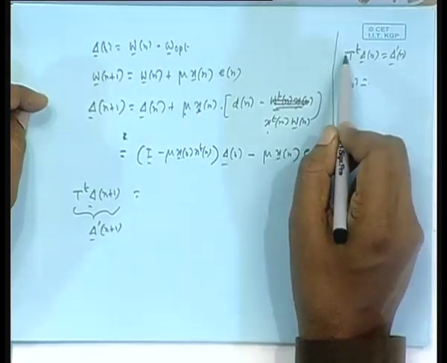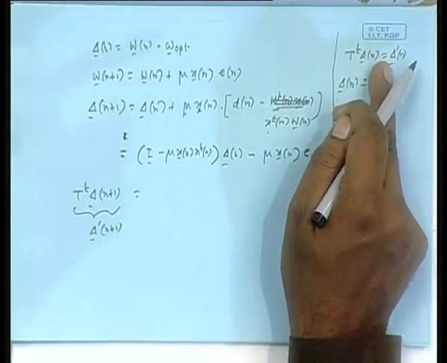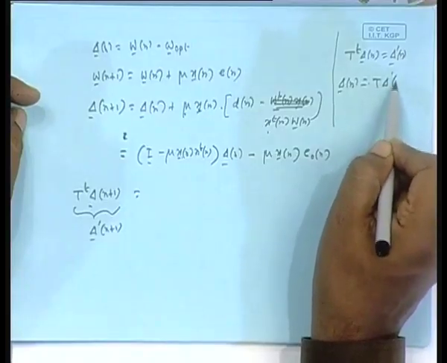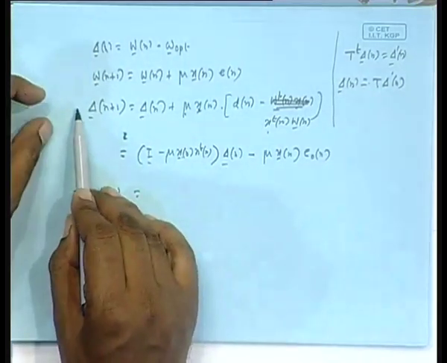T transpose, you take it to this side, the inverse of that is T only. T transpose is unitary, isn't it? So here I am multiplying from the left-hand side by T transpose.